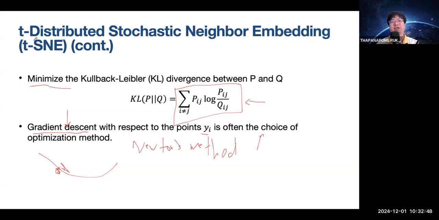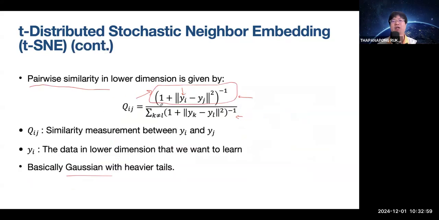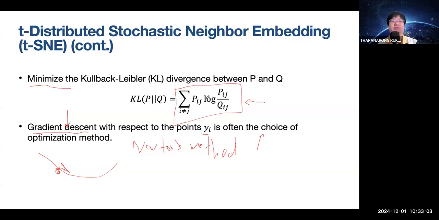Right? So this is the t distribution. You calculate this, which is basically constant because your data will never change. And then you set up the Q, and then you do the optimization. So that is the high level. I'm not going to go into detail on how to compute the gradient with respect to yi for this expression.